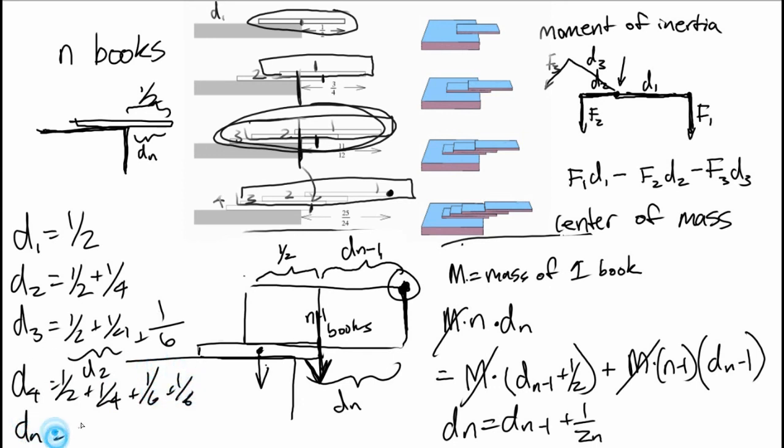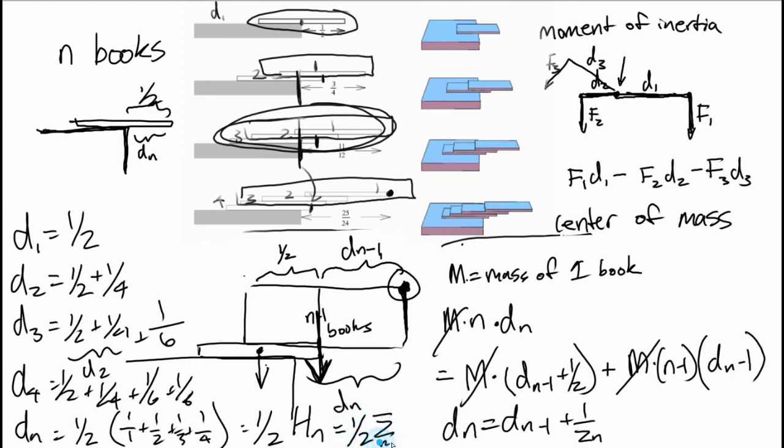So d of n is going to be 1/2 multiplied by 1 over 1 plus 1 over 2 plus 1 over 3 plus 1 over 4, which is equal to 1/2 the nth term in the harmonic series. And the harmonic series is just this, summation of 1 over n.